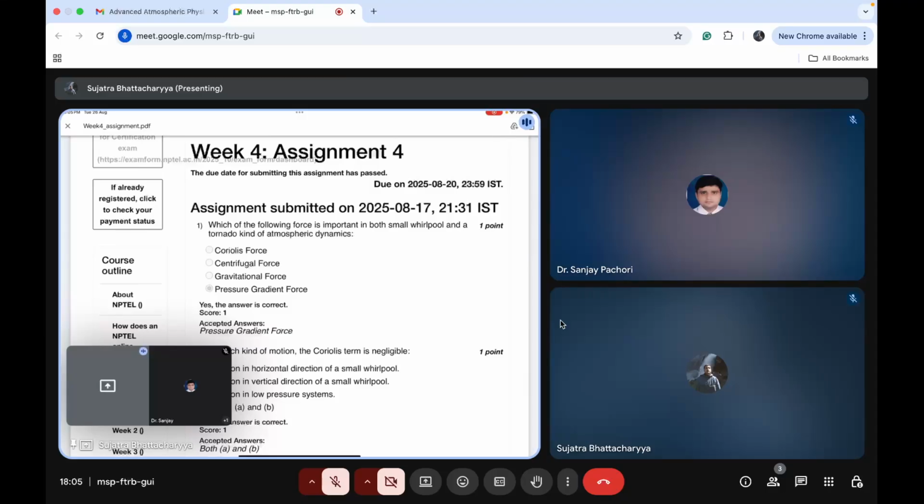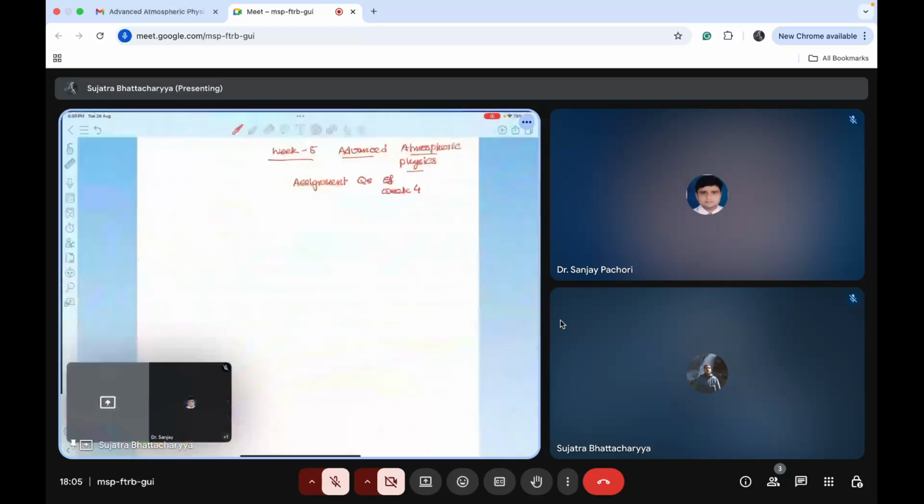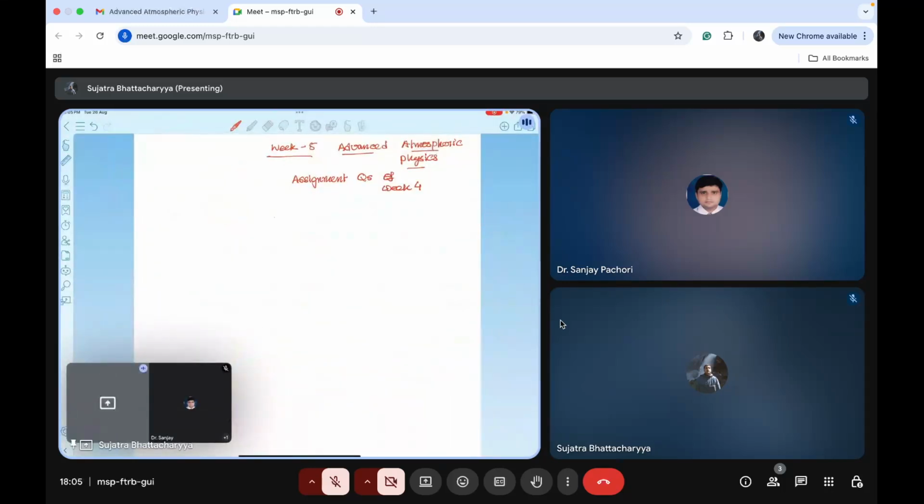But in all of these systems, whether it is a whirlpool, a tornado, or a large cyclone, you will find that there is always a low pressure center. There is always a low pressure system at the center, and as you go away from it, the pressure increases.